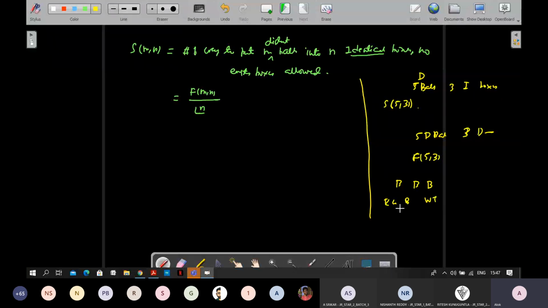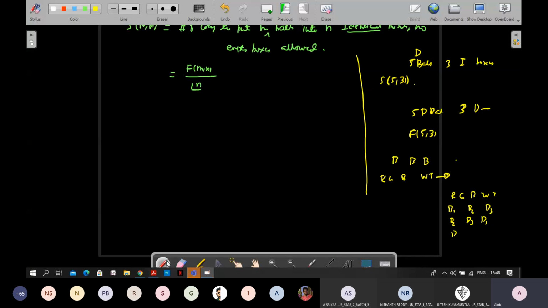Now the moment you change labels on the boxes, then each such distribution, mind my words, watch out, will lead to 6 distributions, factorial 3, because I can put the labels on the same R G, B W T, in B1, B2, B3, or B2, B3, B1, or B3, B1, like so, 6 possible ways, because all of these are distinct things.